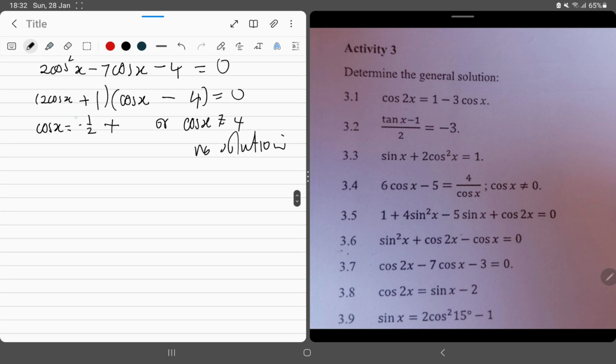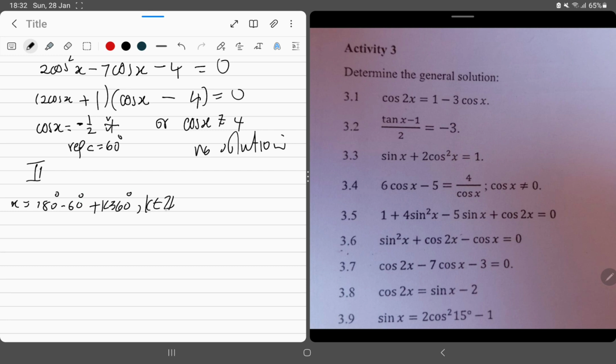And then we are working in quadrants where cos is negative, quadrant 2 and 3. In quadrant 2, the reference angle there is equal to 60 degrees. Quadrant 2 is 180 degrees minus 60 degrees plus k 360.